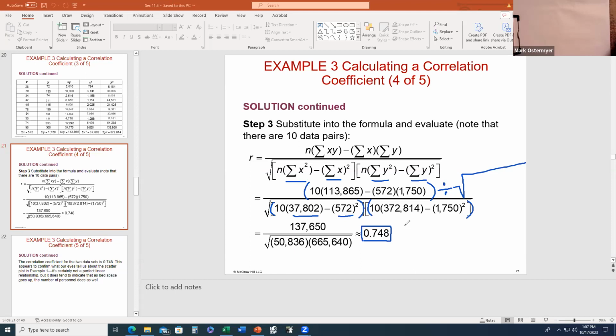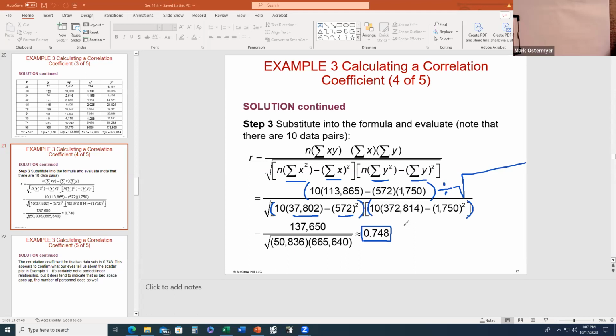You can use basically any scientific calculator to take care of business here. But my concern is, can we all do this on our calculator and get to 0.748? So if you got a scientific calculator, dig it out, and let's see if you can generate this 0.748, which would be the correlation coefficient for the X and Y data for this ordered pair data set.